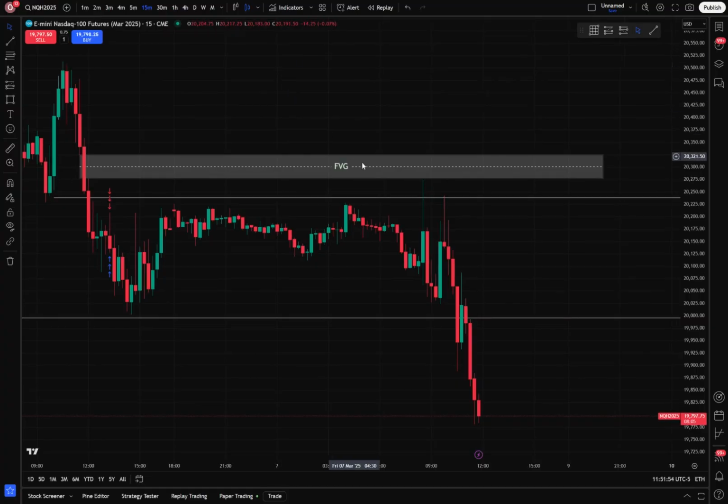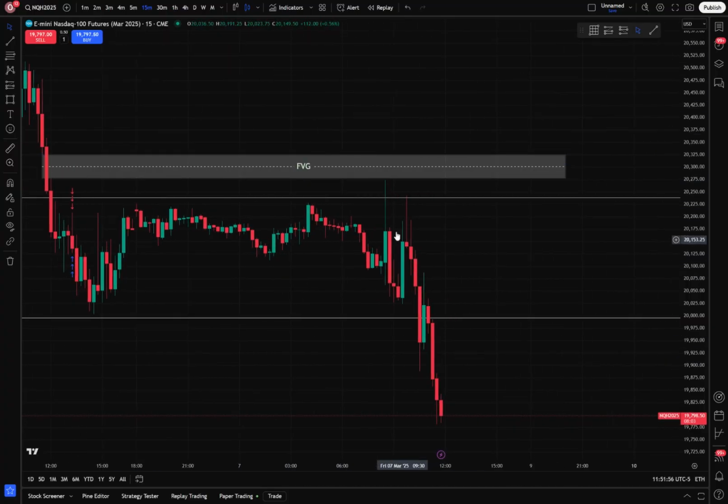And we come down to the 15 minutes. We have this right here, and this is after 8:30, and we come down to now 9:30, 10 o'clock, when I was on the chart. I noticed a bullish fair value gap here, so I'm gonna change the color to green, which represents the bullish fair value gap.